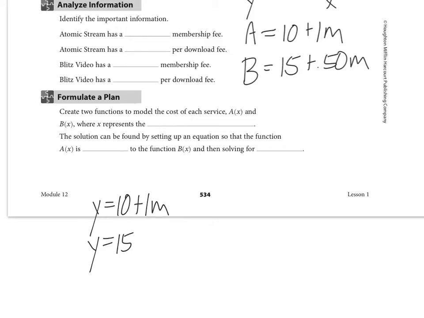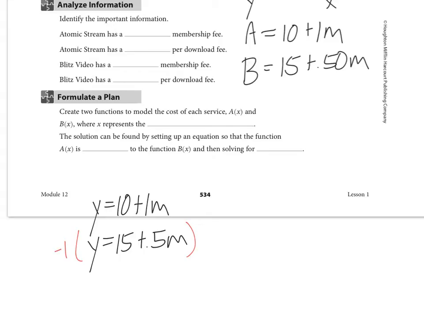Honestly, if I'm doing this, I would probably do it on the calculator because they're in slope-intercept form. It's very easy. But I just want to review one of the methods by hand. So in this case, I'm going to try to eliminate y. How am I going to do that? I'm going to multiply this one by -1.